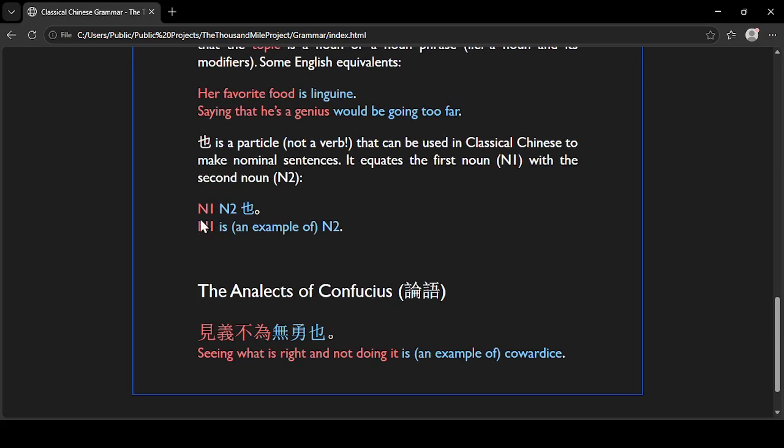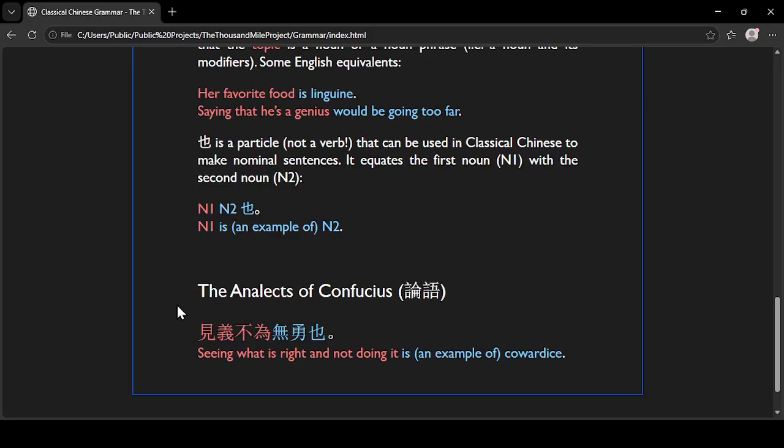Basically, it's saying that N1 belongs to the type described by N2. So the example used in one of my textbooks is the king is a thief. Now, obviously, there are more thieves than just the king, but it's saying that the king belongs to the class of all thieves, so to speak. That's how you sort of envision it logically.